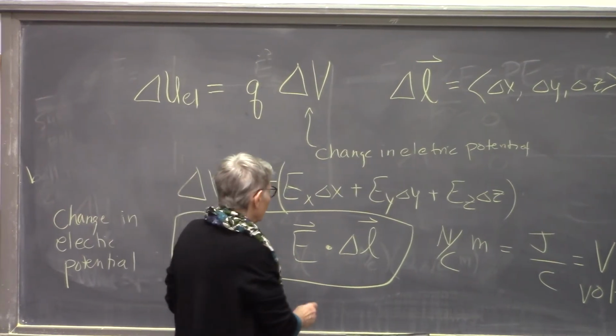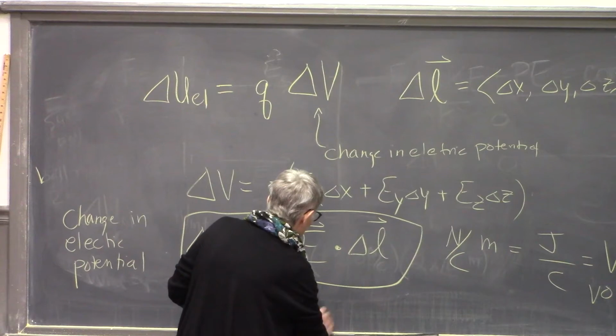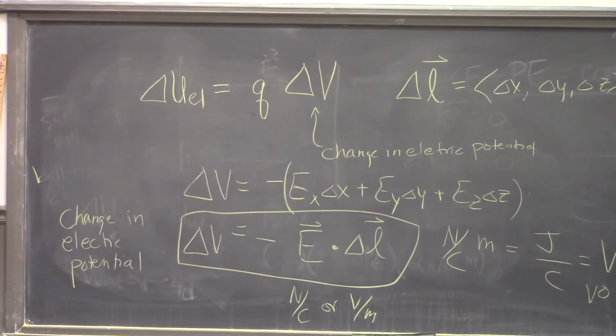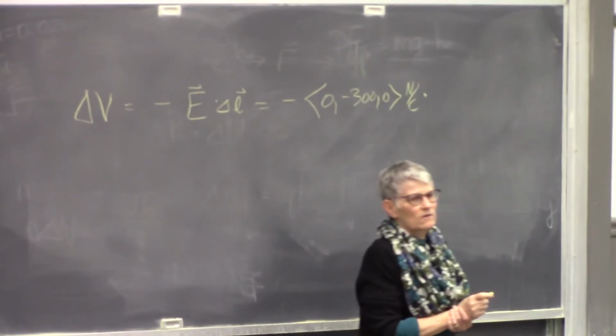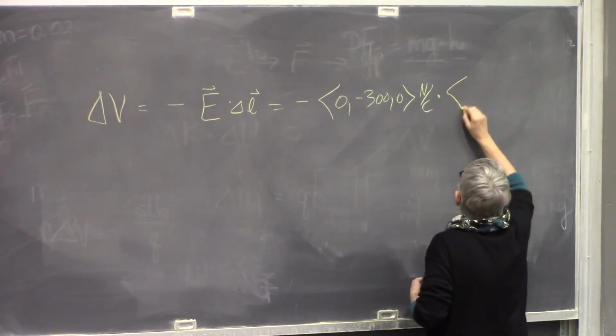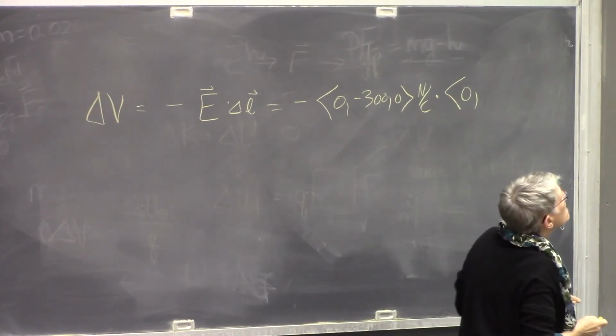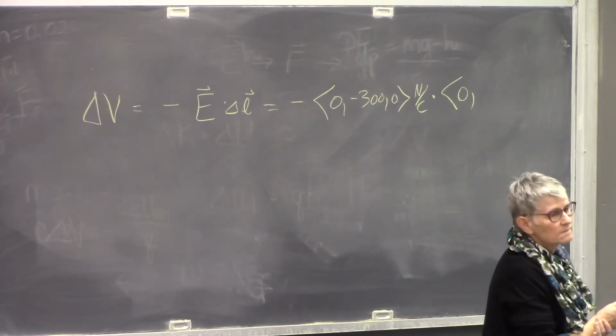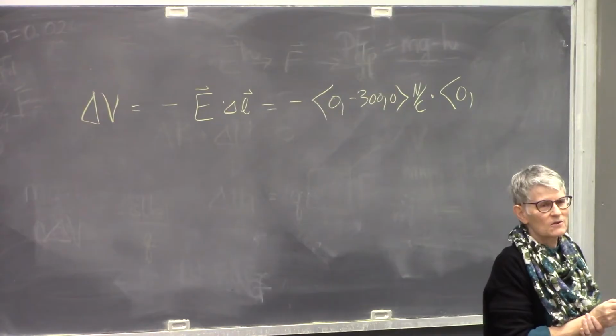Okay, so you'll see it written both ways. Okay, newtons per coulomb. And what is the vector delta L? 0. So is it 2 or negative 2?